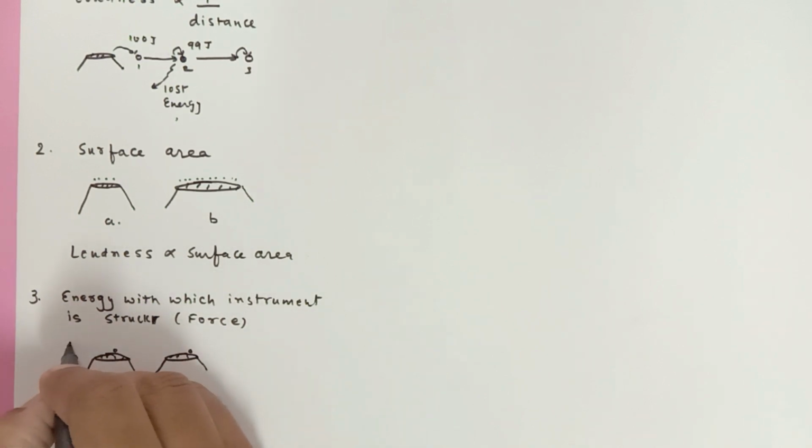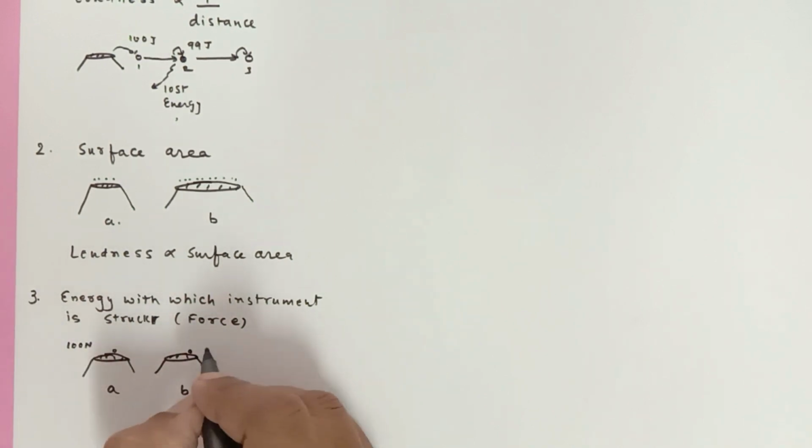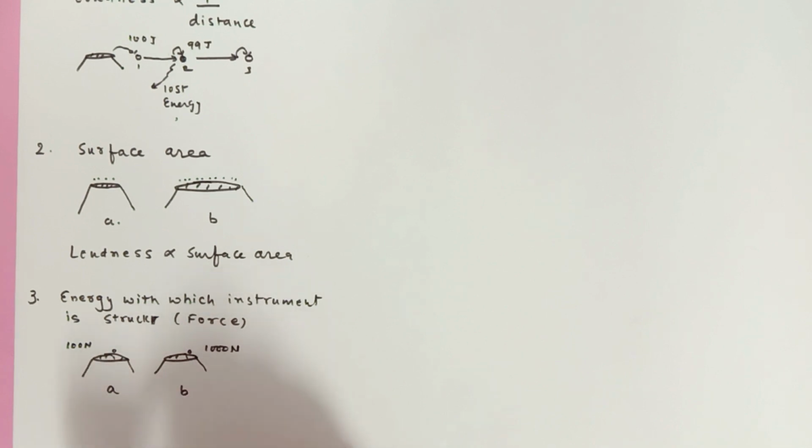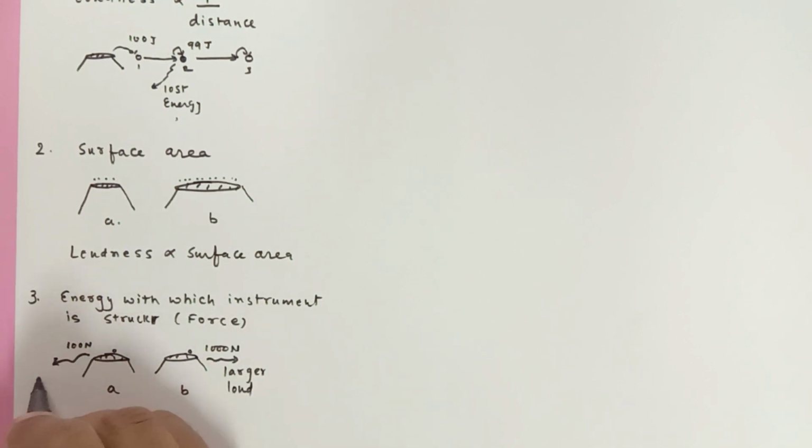So with a harder force, say I am striking this with 100 Newton force, over here with 1000 Newton force, just an example I'm giving you. It may be possible that this force is strong enough to break the membrane, but just an example. So here the sound produced will be of larger loudness, and here the sound produced will be of smaller loudness. Correct?